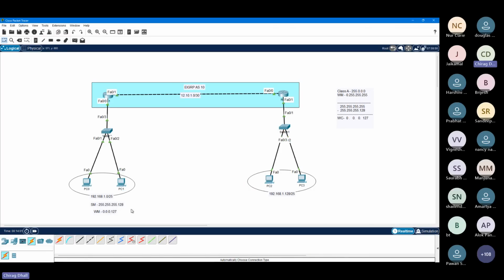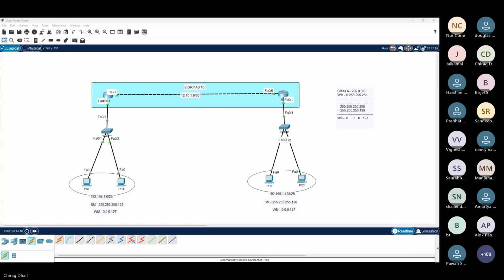Make sense? Similarly, for the other network also, my subnet mask is 255.255.255.128, and my wildcard mask will be 0.0.0.127. Let me know what will be the wildcard mask for this network, which is /30.